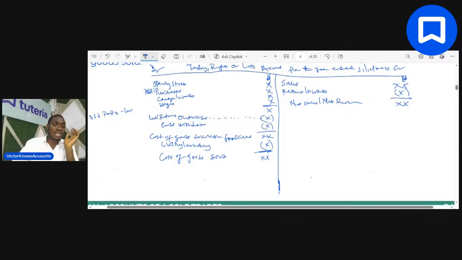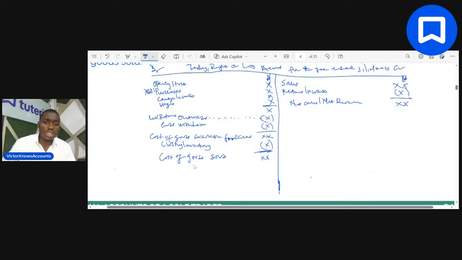It's as simple as that. Without all of this carriage inwards, wages, goods withdrawn. If you have just these basic things, because these are the most basic ones that are most common. If you have all of these things, then this is everything you need to calculate your cost of goods sold. Do you understand that? So this is how you arrive at your cost of goods sold. Is that fine? All right.